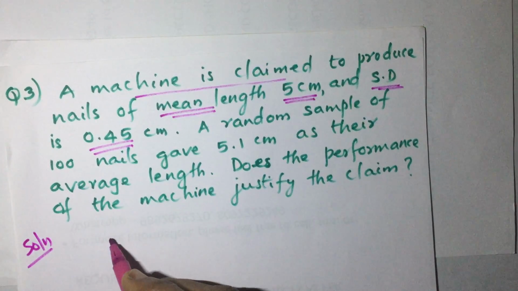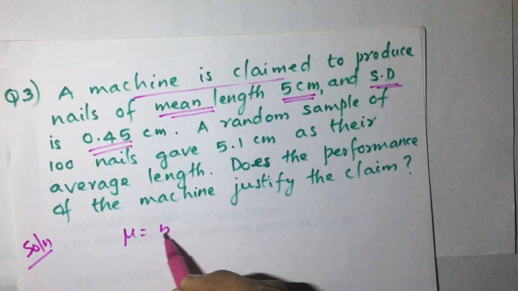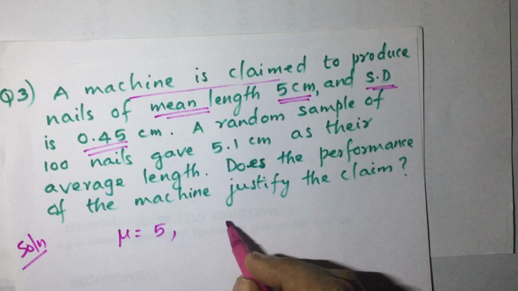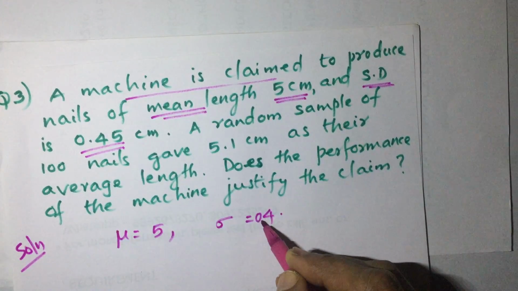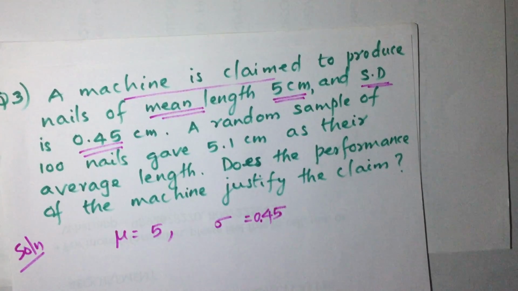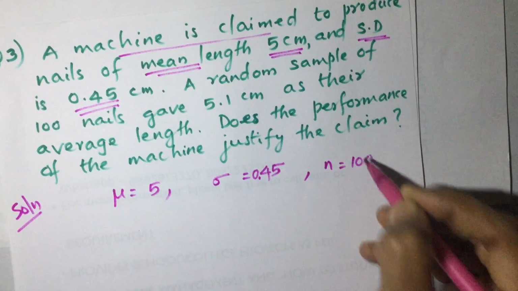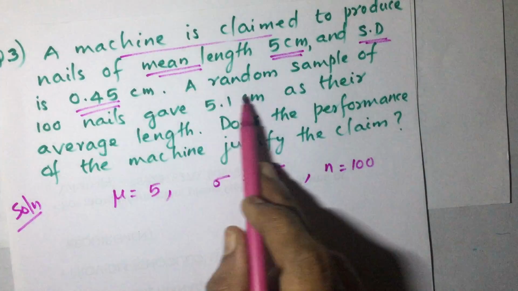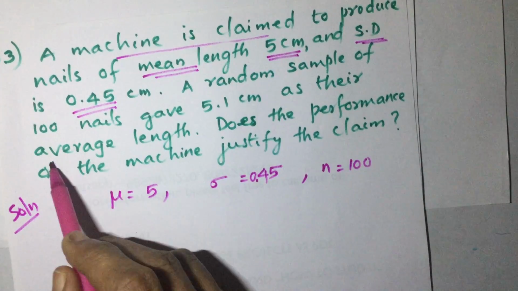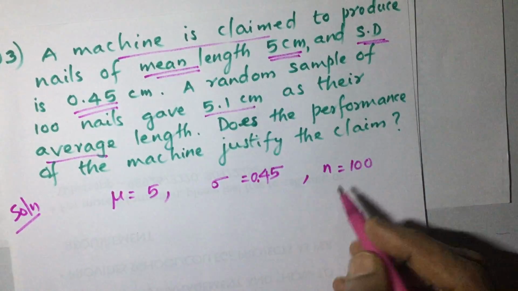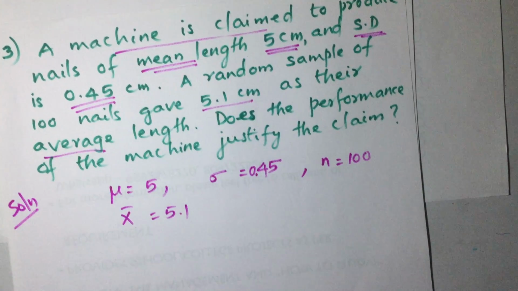So what is given? The mean of the population, mu, is given as 5 and the standard deviation of the population, sigma, is given as 0.45. A random sample of 100 nails, n equal to 100, gave 5.1 as their average length, so the sample mean x bar is 5.1.